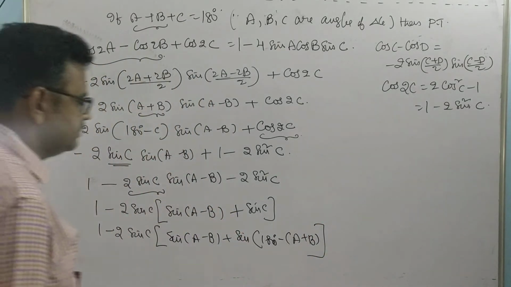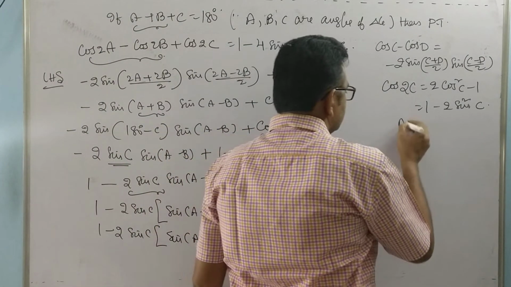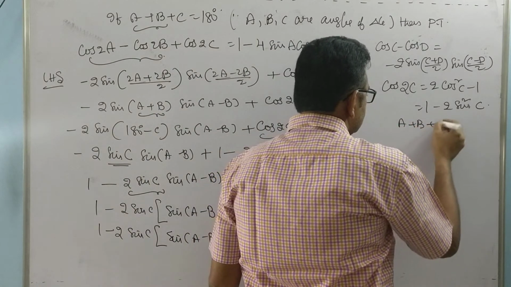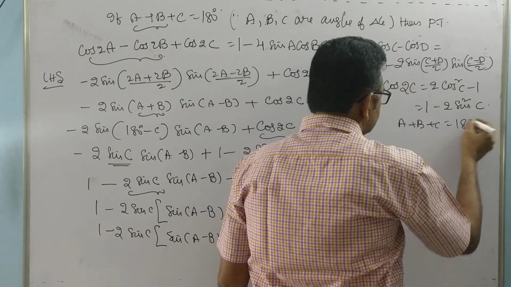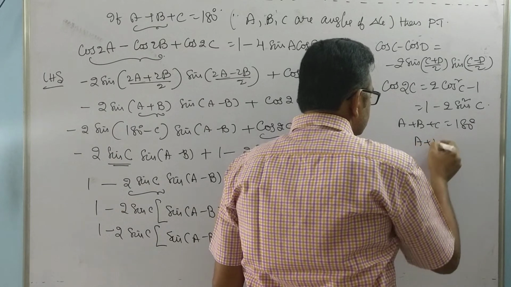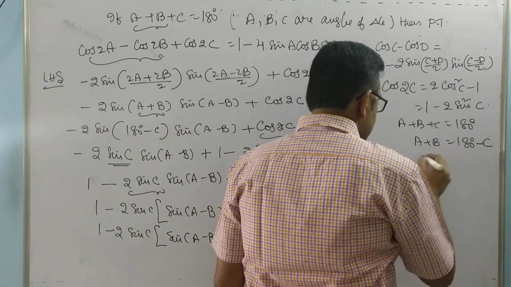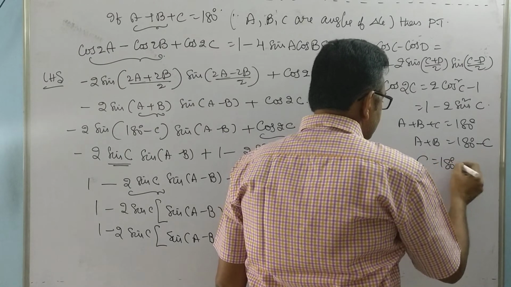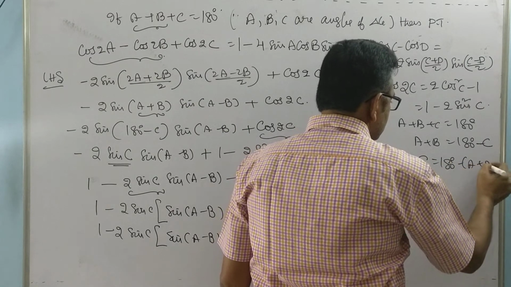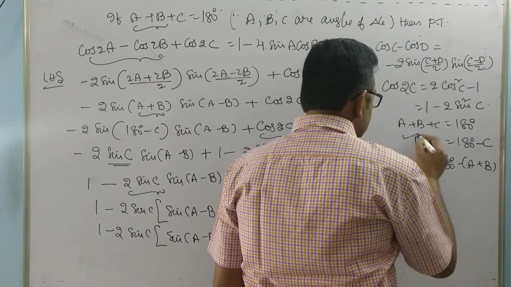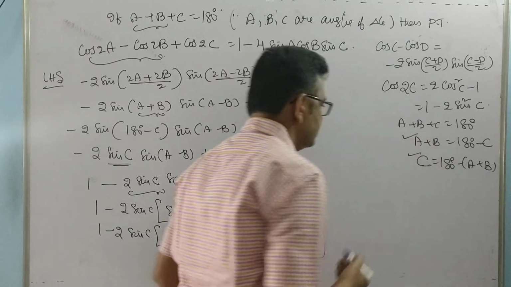Since a plus b plus c equals 180 degrees, a plus b is equal to 180 degrees minus c, or c is equal to 180 degrees minus of a plus b. Sometimes you can use this, somewhere you can use this one.